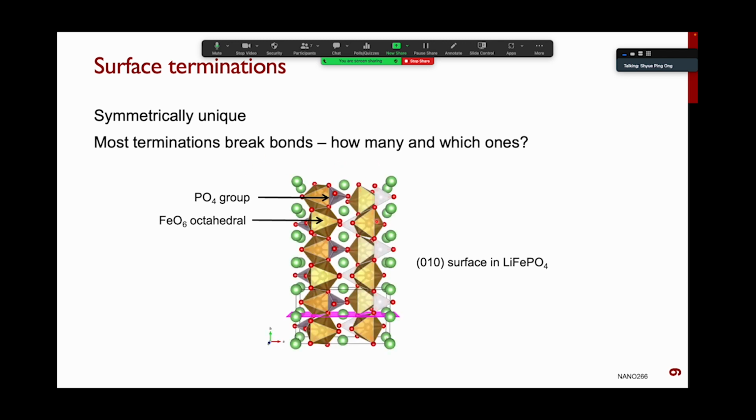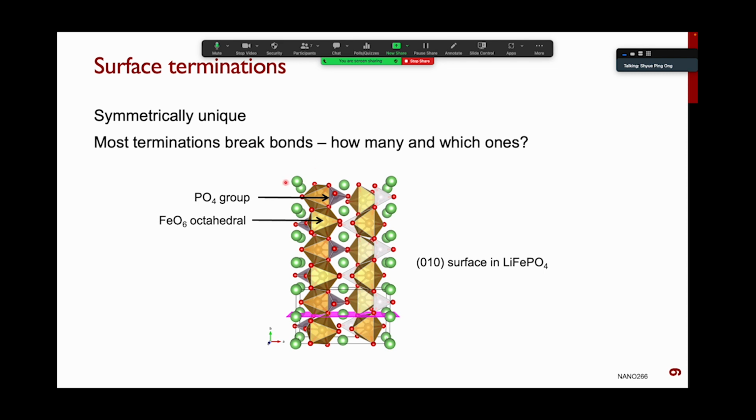let's look at, say, a simple crystal structure like lithium iron phosphate, right? Essentially, when we think about, let's say, the 010 surface of lithium iron phosphate, which is the surface that you see right across over here, okay?